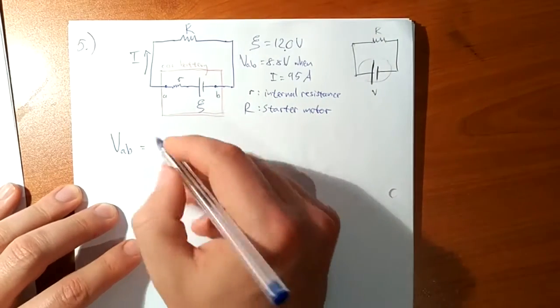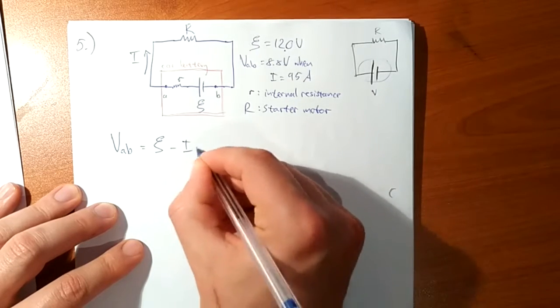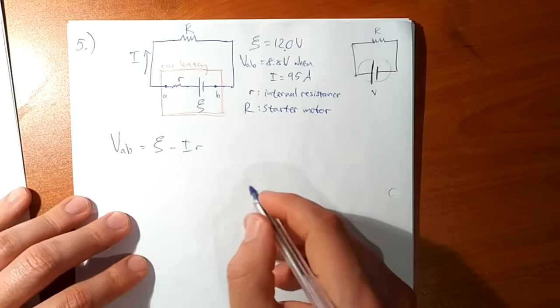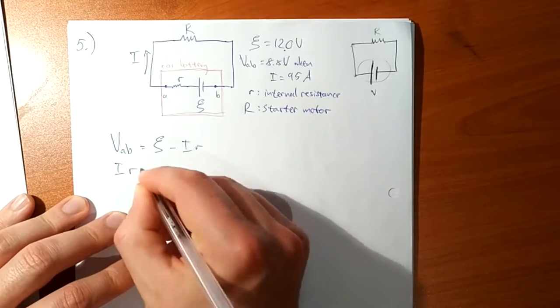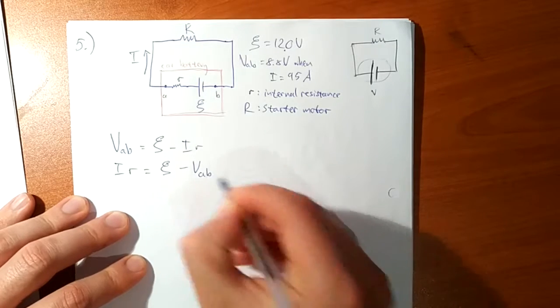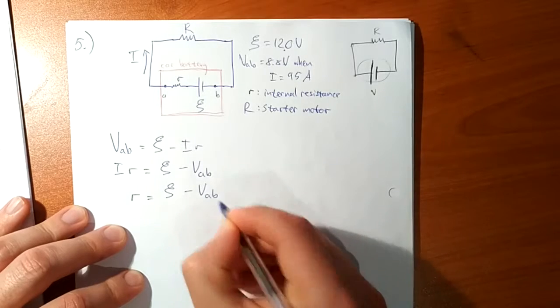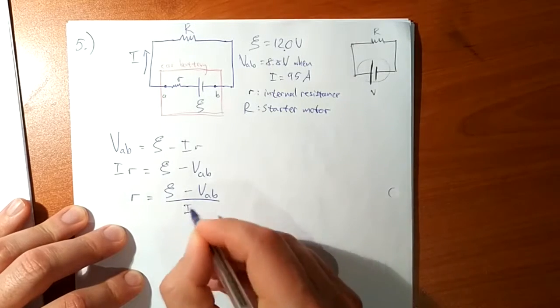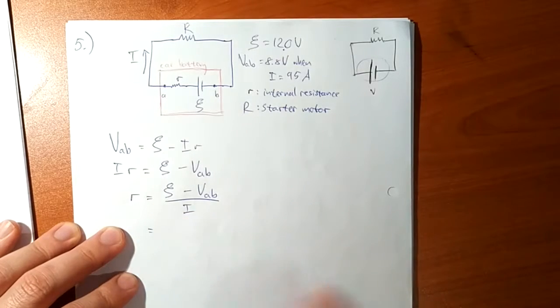VAB, the potential difference over the terminals, is the EMF minus the current times the internal resistance. What am I after? I'm after this little r, so let's get that by itself. Ir is equal to the EMF minus VAB, so the internal resistance is the EMF minus VAB over the current. Now I just substitute.